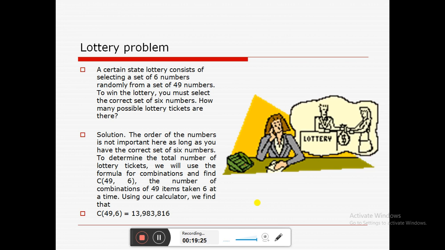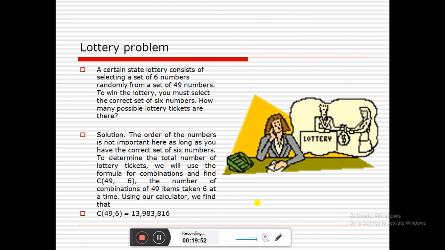A certain state lottery consists of selecting a set of 6 numbers randomly from a set of 49 numbers. To win the lottery, you must select the correct set of 6 numbers.